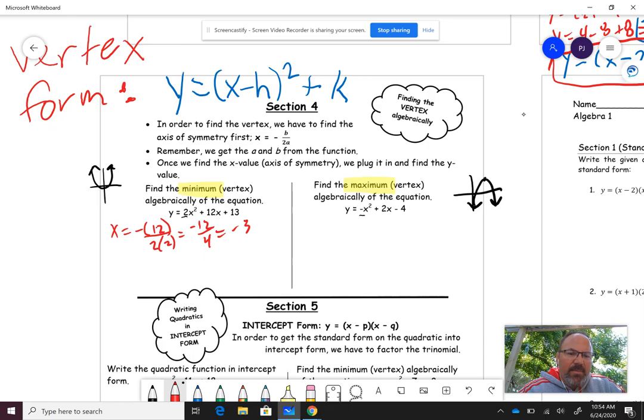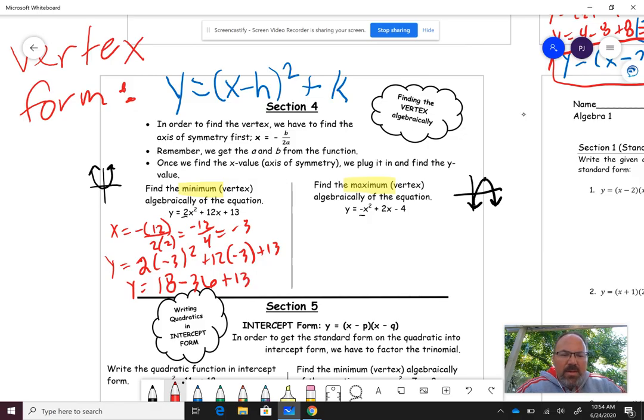So now I plug that back into the equation. y equals 2 times negative 3 squared plus 12 times negative 3 plus 13. Negative 3 squared is 9, and 9 times 2 is 18. 12 times negative 3 is negative 36, plus 13.